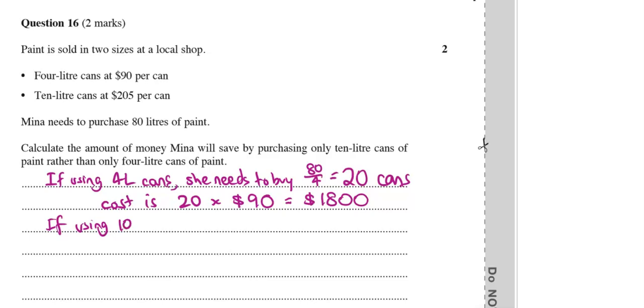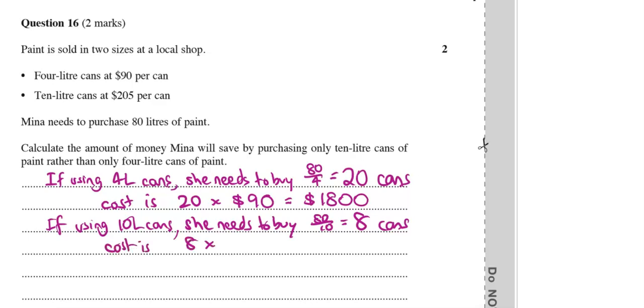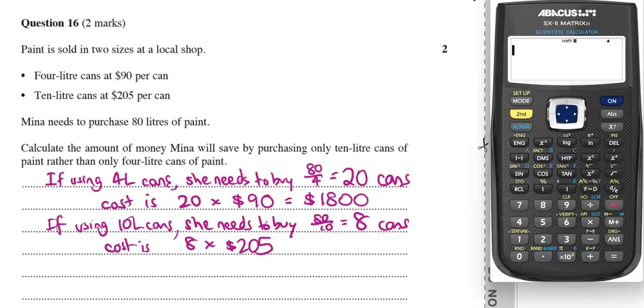If using 10-litre cans, she needs to buy 80 on 10, which is 8 cans. Cost is 8 times $205. 8 times 205 is $1,640.